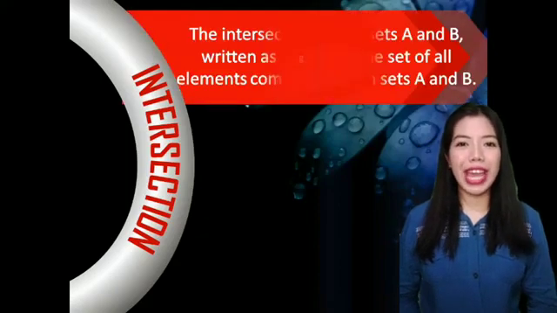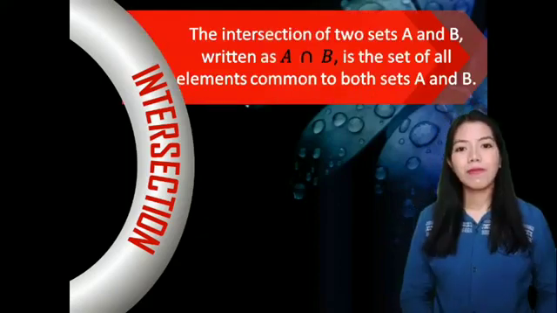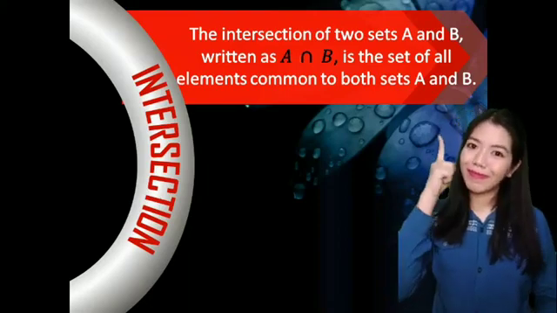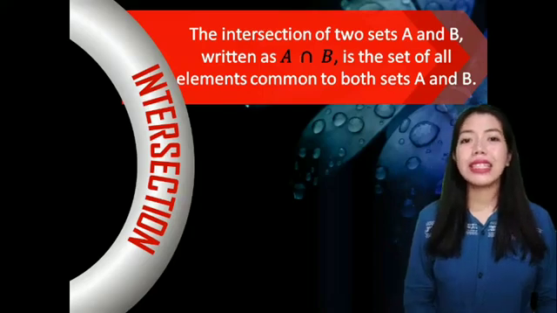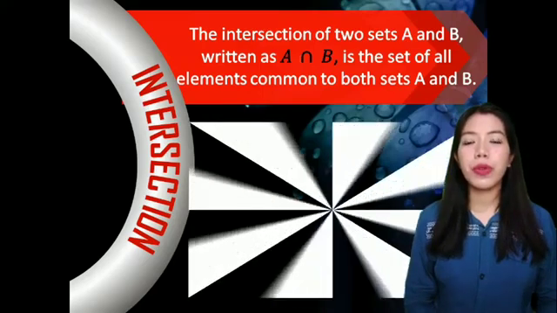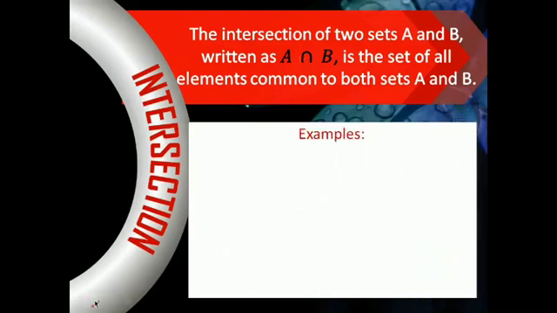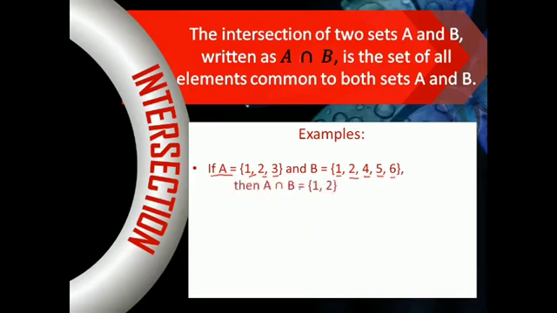Next operation, we have the intersection of sets. The intersection of sets A and B is the set of elements common to both set A and set B. For example, if A has the elements 1, 2, 3, and B has the elements 1, 2, 4, 5, and 6, then A intersection B has the elements 1 and 2.